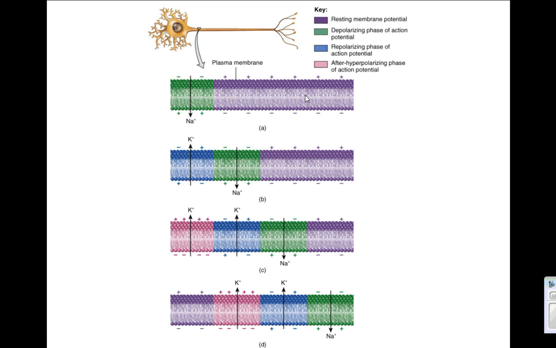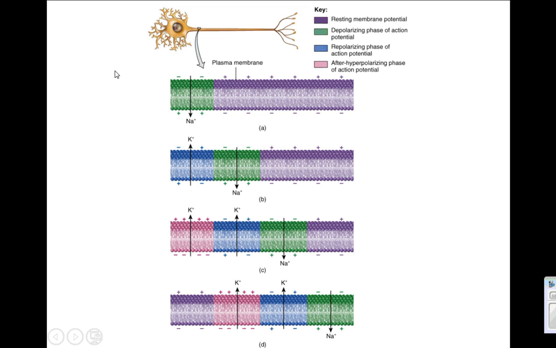As depolarization spreads down, behind it, repolarization will spread down. Because what we need to do is get the axon back to resting membrane potential so that it can fire again. So in theory, an action potential can be spreading down an axon while another one is starting to spread down, because it's happening so quickly.